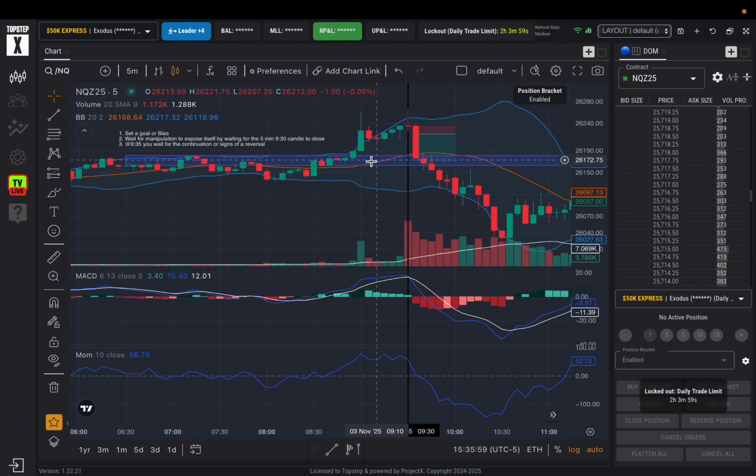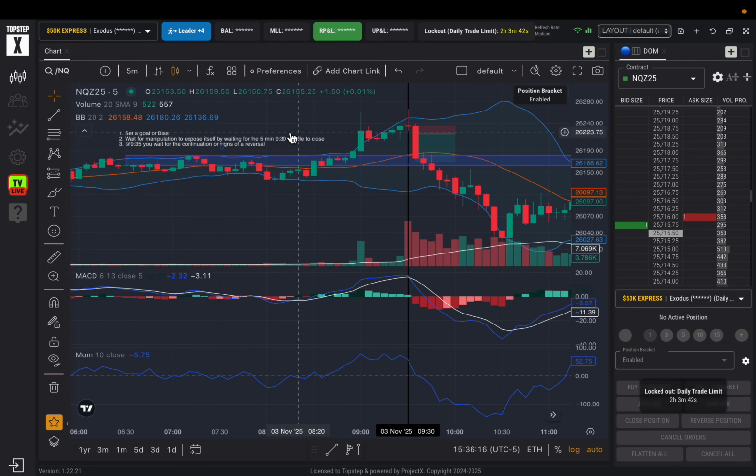Also for liquidity zones, look at how price reacts to liquidity. One of my trades I hit last week, I saw it respect a liquidity zone that I had, and that's what won me the trade that day.